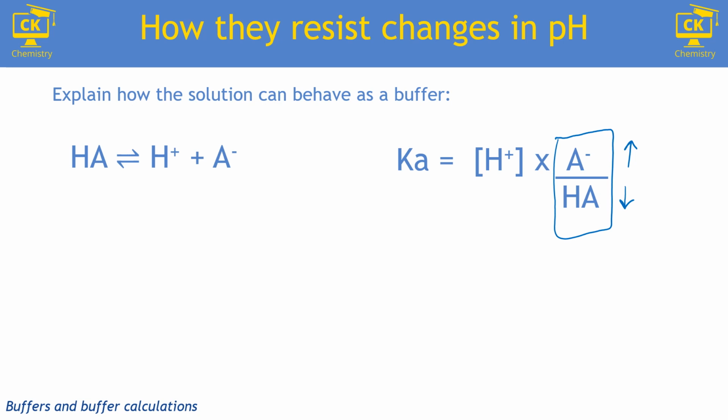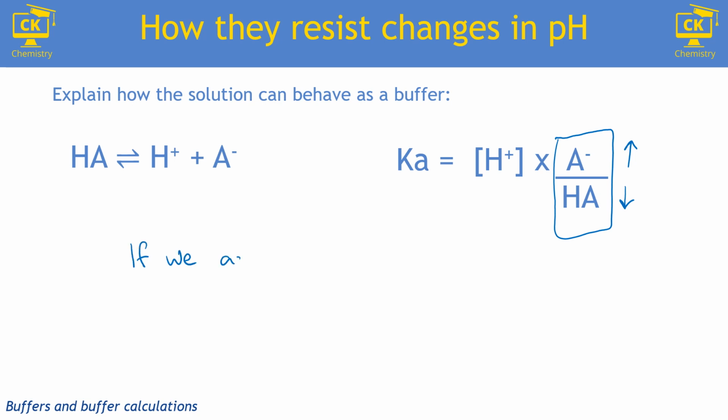And that's why we go back to the buffer needs a large amount of both A minus and HA present, otherwise it doesn't work. Otherwise anything could act, just like a solution of sodium methanoate could act as a buffer, or the acid on its own. So what we want to be able to say is that, let's use the alkali example.